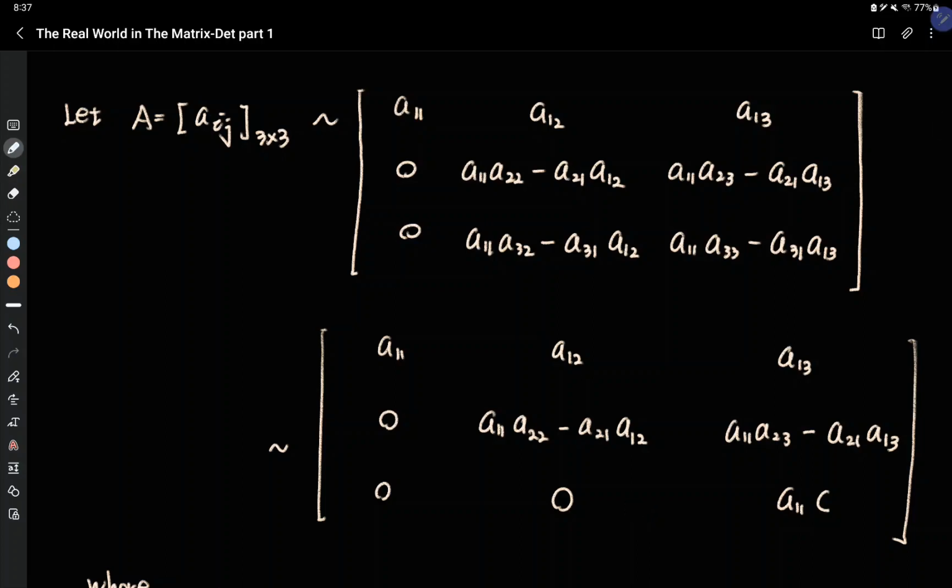Here we assume that matrix A is invertible. It means that the number of pivots must be equal to the number of columns. So when you reduce matrix A to echelon form, all of the diagonal entries must be non-zero.